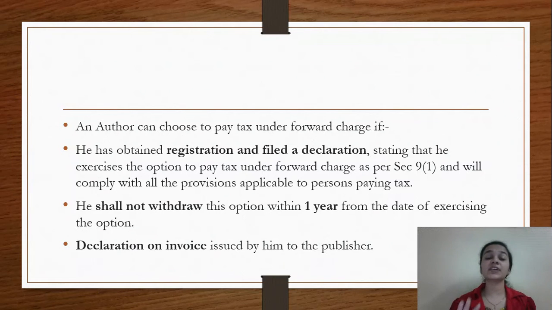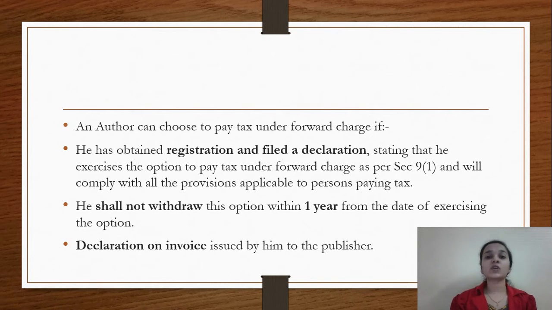Second requirement, if he has filed a declaration and he states that he is exercising the option to pay the tax under forward charge, and he will comply with all the provisions which are applicable to the people who are paying tax. मतलब normal taxpayer को जो भी provisions applicable हैं, whatever are the provisions which are applicable to a person who is paying tax under forward charge, a normal taxpayer, he will also comply with all those provisions which are applicable. And apart from these things, this person shall not withdraw the option within 1 year from the date of exercising the option.